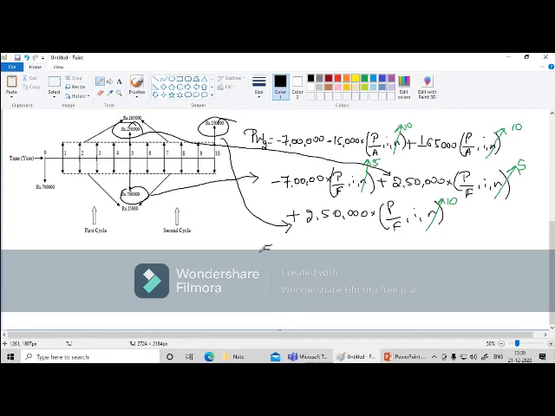The interest rate is the same, 10%, that is 0.1. Mallikarjun, how much is the answer? Sharanu?